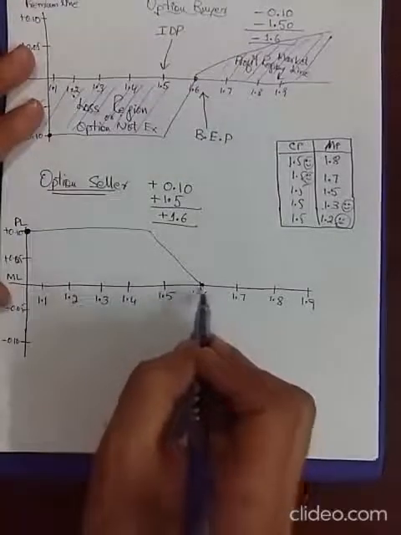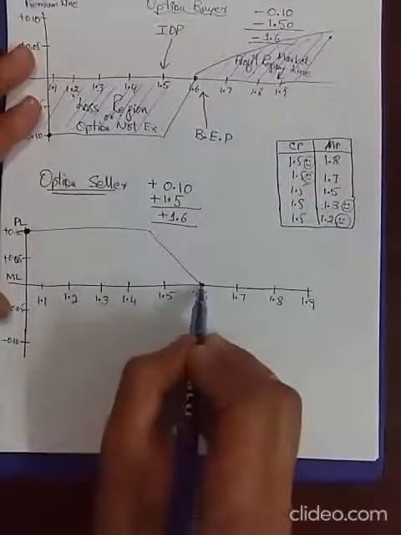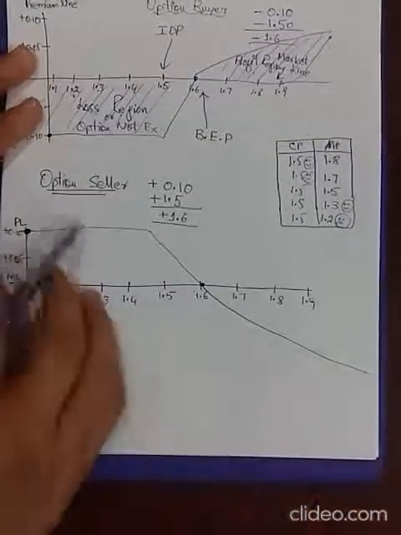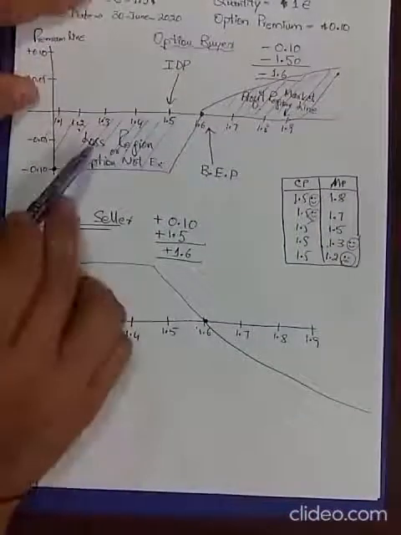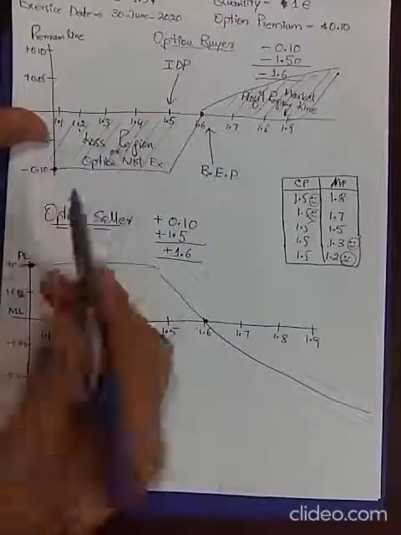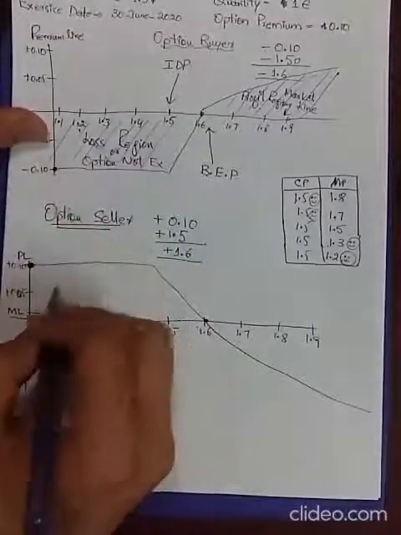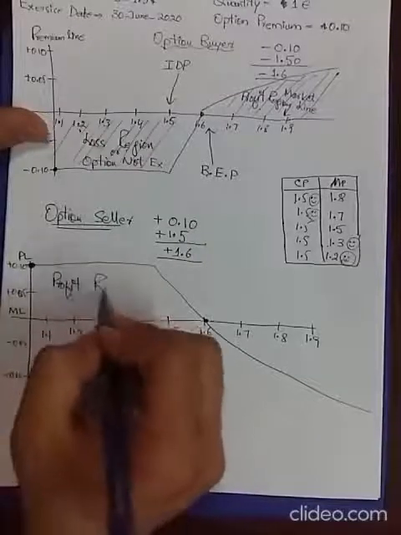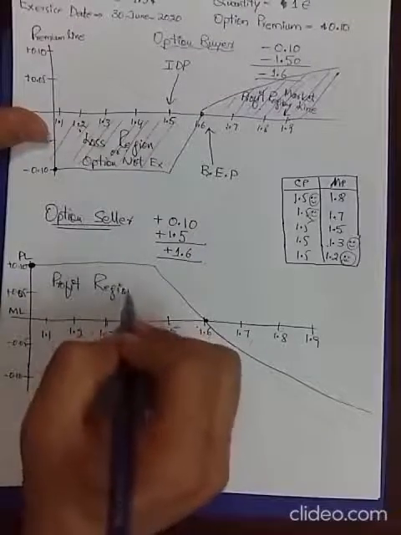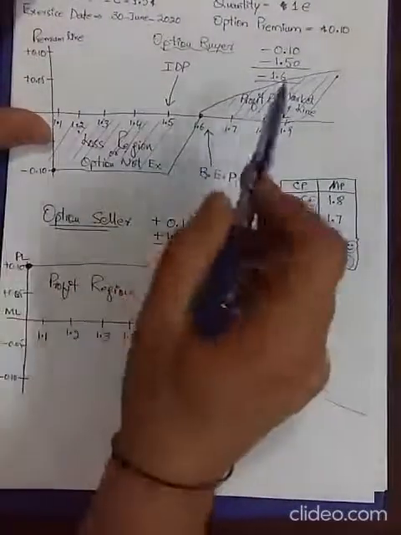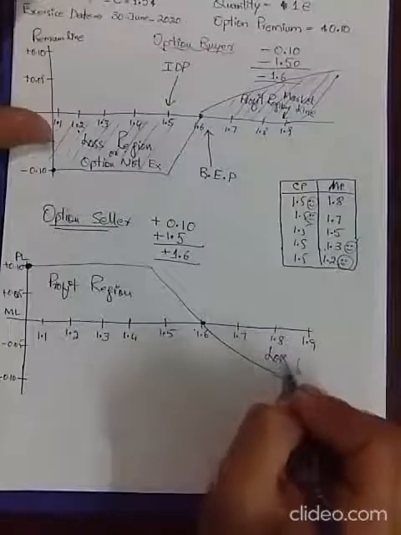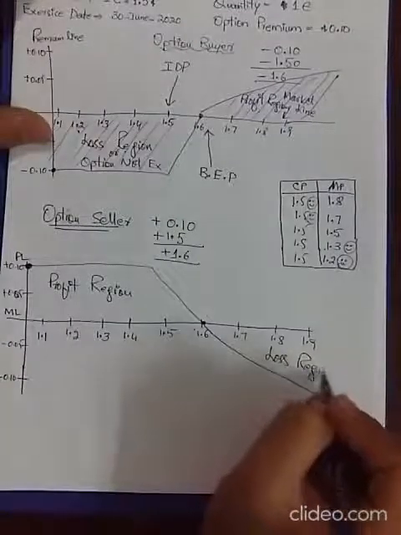So that's why 1.6 would be the break-even point, and then the line will pass on. Now, as this region was a loss region for the buyer, we apply this vice versa rule here. So this region will be the profit region for the seller, or you can say option exercisable. And if this is the profitable region for the buyer, then this is the loss region for the seller.